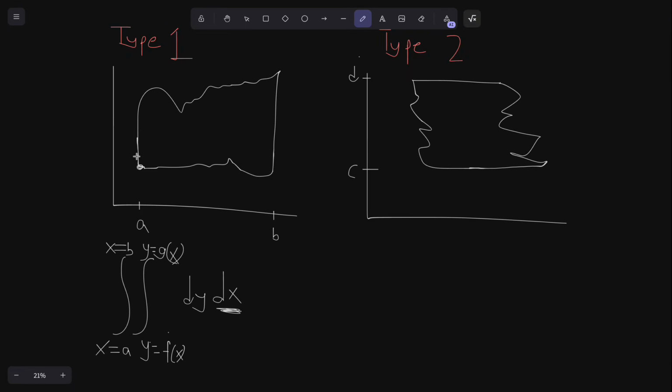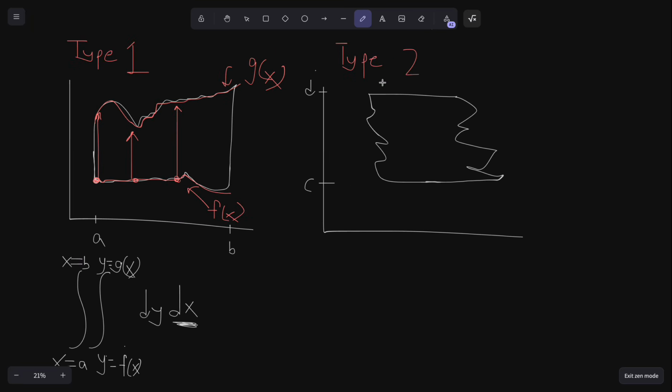So you can see that, right, for a constant x value, you're going to sweep across it, and you're going to end it at this top function here. So you can say that this top function here is g of x, right? This is the top bound, and then the bottom function here, whatever this is, f of x, right? So every time that you sweep across, you see that we always start at f of x, and we always end at g of x. That's why this is my lower bound, this is my upper bound.